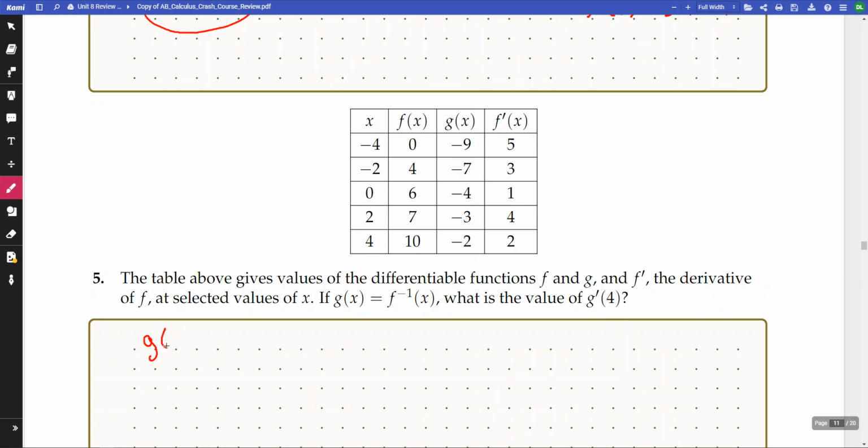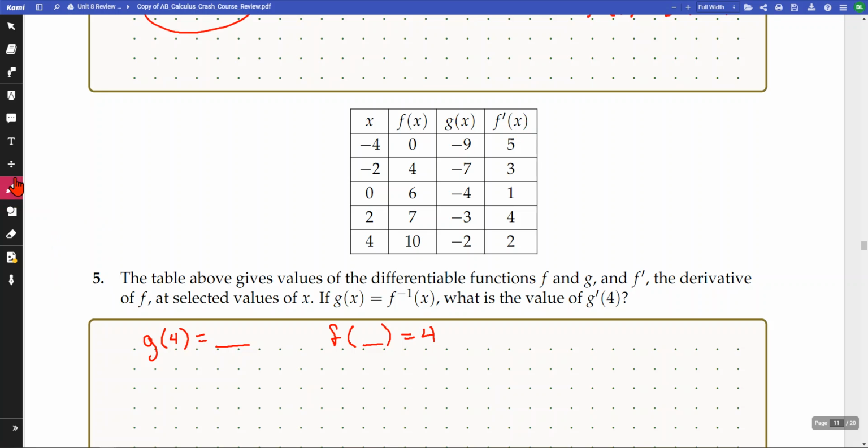So g of 4 is going to be equal to some number, and f of that number is going to be equal to 4.